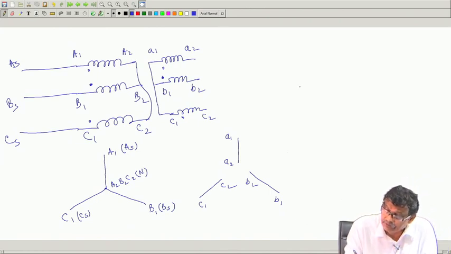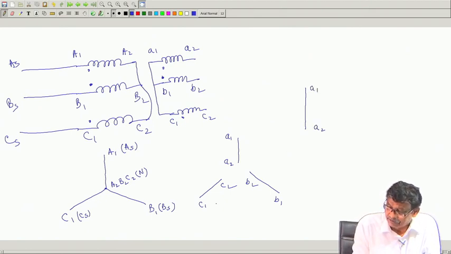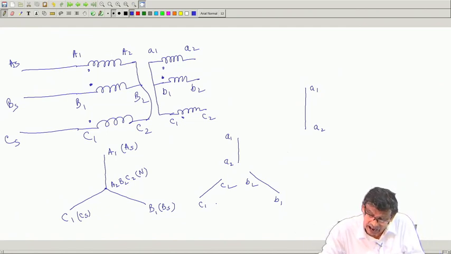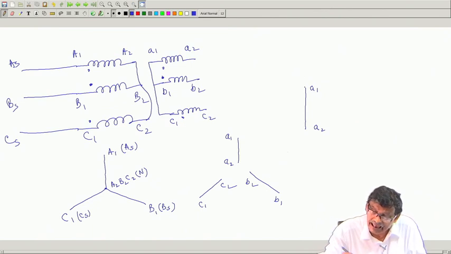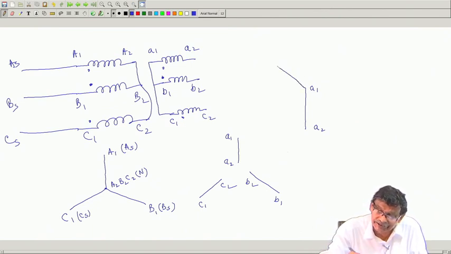So, the way you connect this is, suppose A1 A2. Now, I have joined B1 with A1. Therefore, I will move this phasor parallel and put it here, B1 B2. Getting the point?